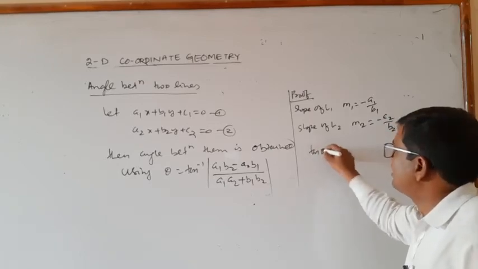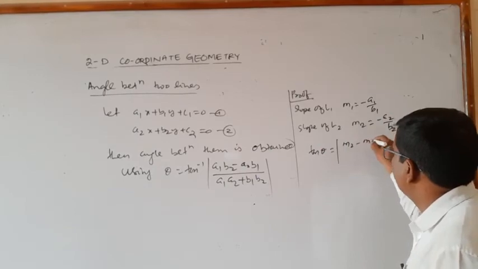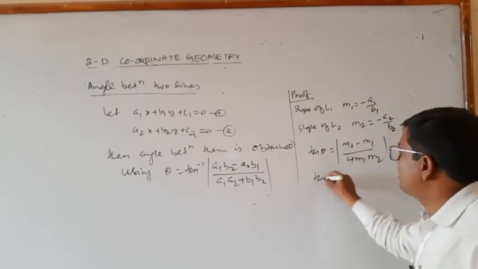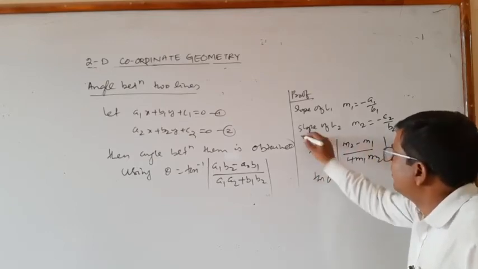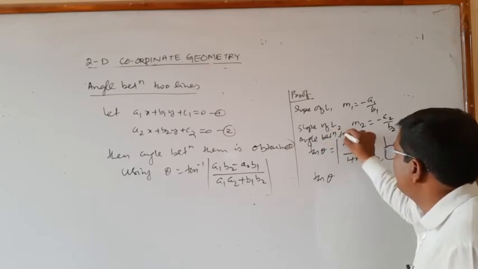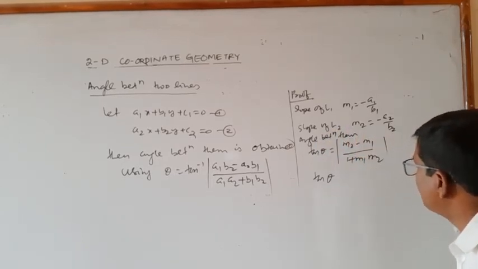So tan theta is equal to the modulus of m2 minus m1 divided by 1 plus m1 into m2.